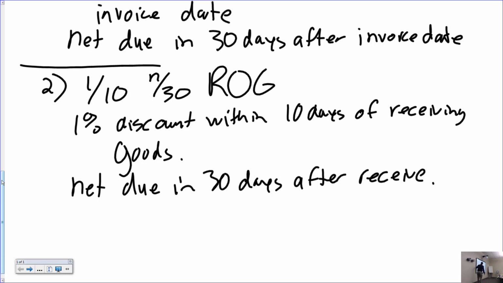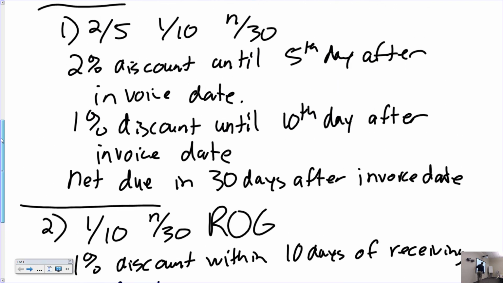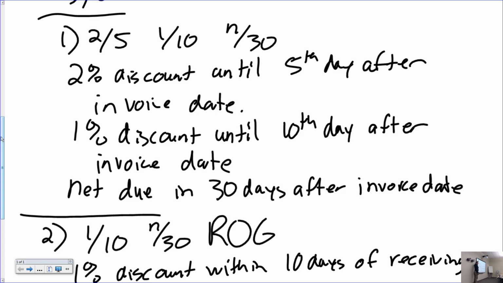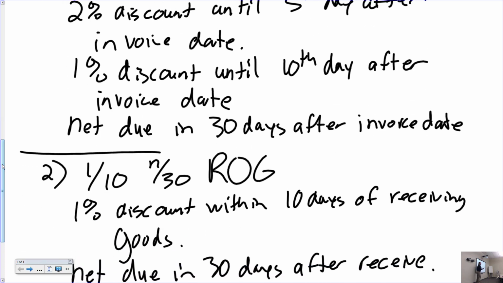And normally, folks, when you have standard terms, you will get bigger discounts, okay? Because the risk here is that you're paying potentially before the goods arrive. Because you're basing this off of the invoice date, which is created when you buy the goods, not when you get them, okay? So normally, these will look better than those. They don't have to, but normally they will, okay?